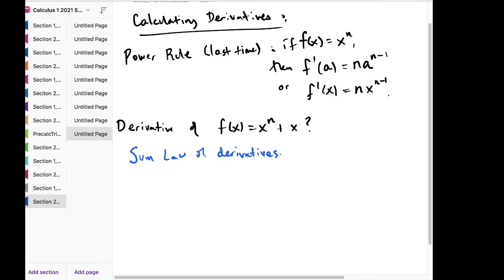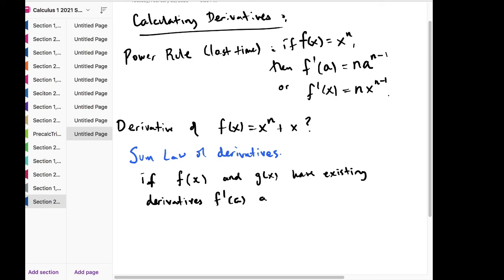So let's say f of x and g of x have existing derivatives f prime of a and g prime of a.